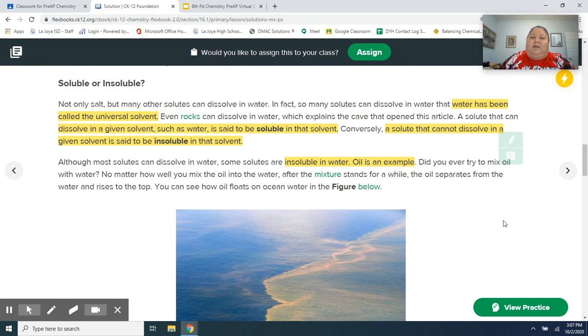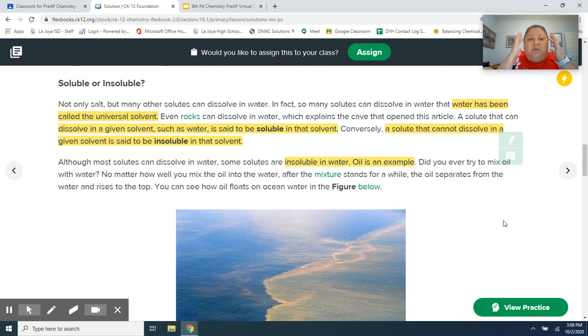Now let's talk about soluble versus insoluble. Not only salt, but other solutes can dissolve in water. In fact, so many solutes dissolve in water that water has a special name. It's known as the universal solvent. I know that you've probably heard this before, but this is a really important term.